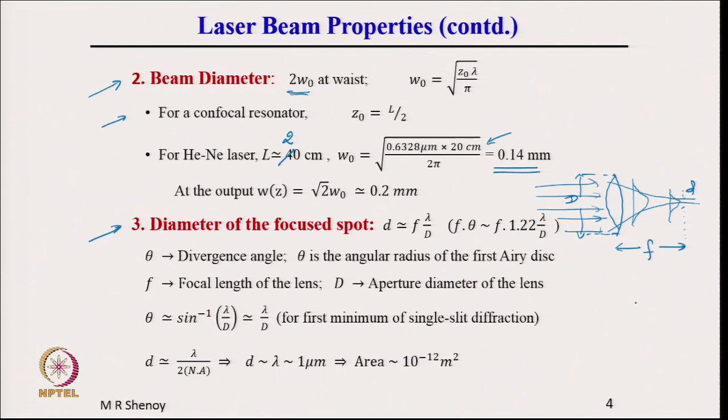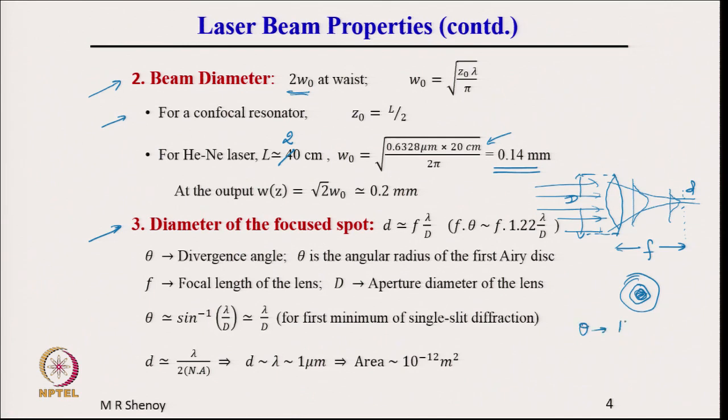At the focal point it forms an Airy disc. If you have plane waves which are incident, then at the focal point you have an Airy disc, that is bright and dark rings, and the diameter of the first ring here, which is the main spot where most of the energy is focused, is given by theta, the angular diameter.